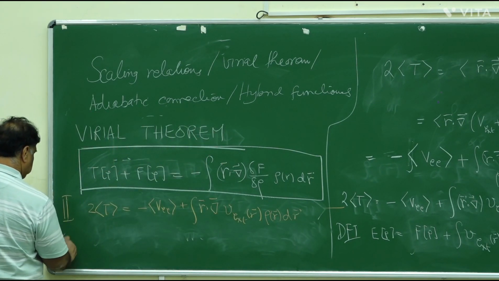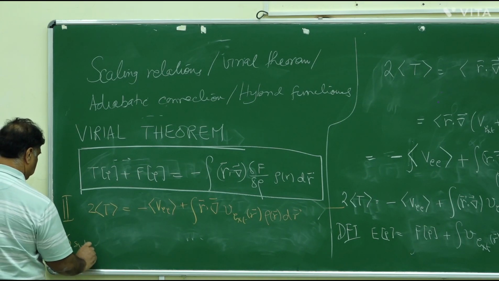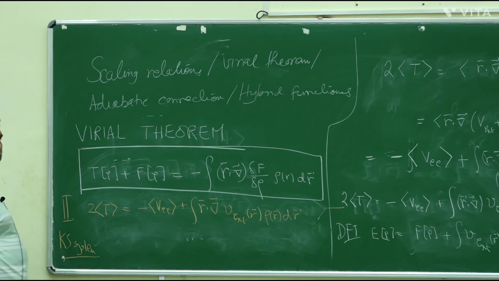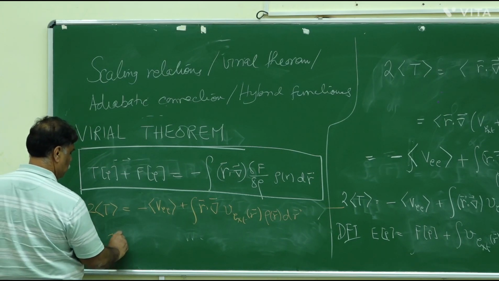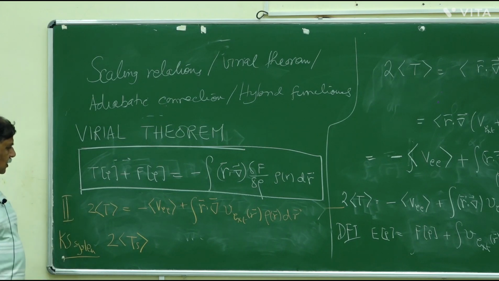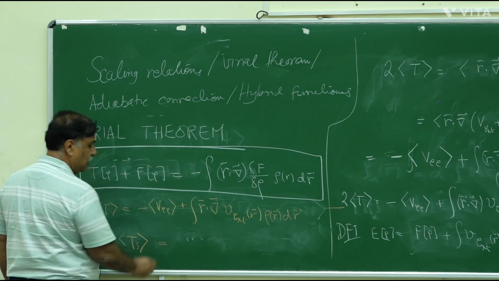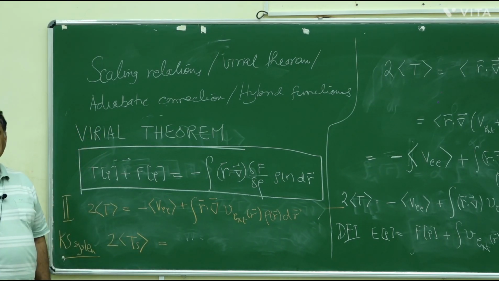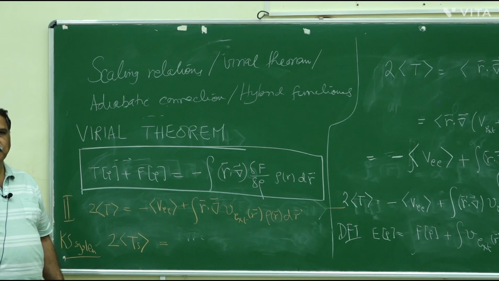Take the Kohn-Sham system. In the Kohn-Sham system, I'm going to have 2 Ts equal to, what is the interaction in the Kohn-Sham system? 0.